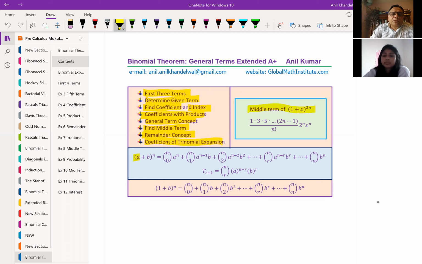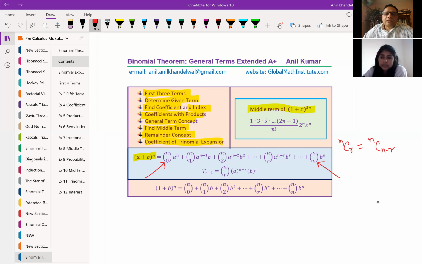Here's a quick review. (a + b)^n, as you see, this is the expansion you have been working with. n choose 0. In general, we know that n choose r is equal to n choose n minus r because these binomial coefficients are symmetric. The value of n choose 0 is the same as the value of n choose n. And as we move inwards, all have the same values.